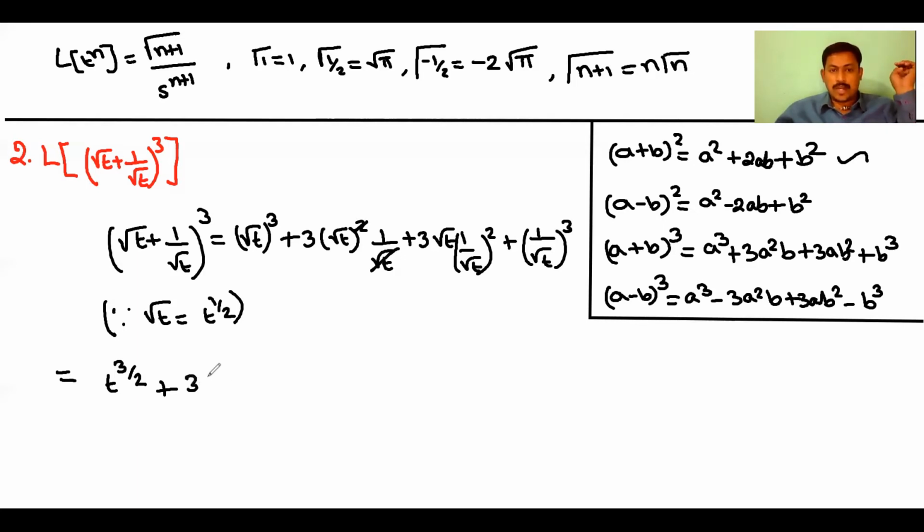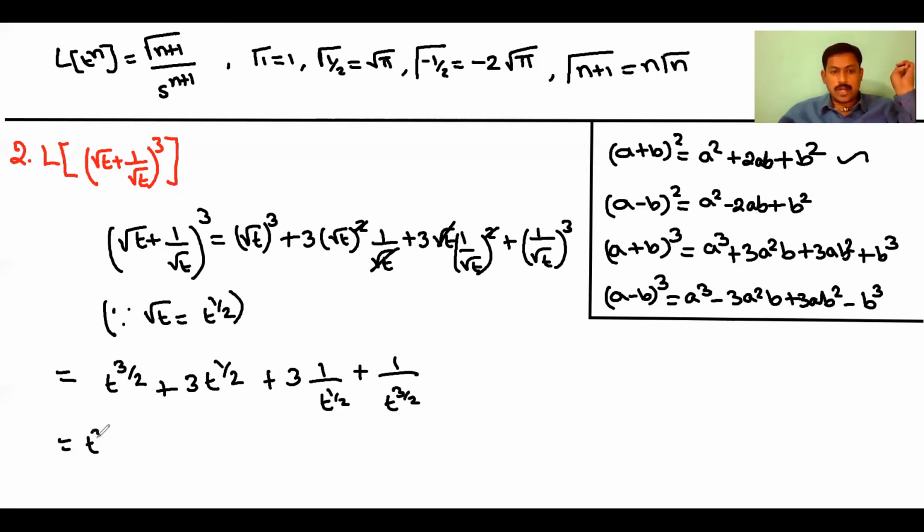So here we can write t power, root t as t power half. Similarly here 1 power will get cancelled. So therefore the denominator will have 1 by t power half, plus here the same process, 1 by t power 3 by 2.